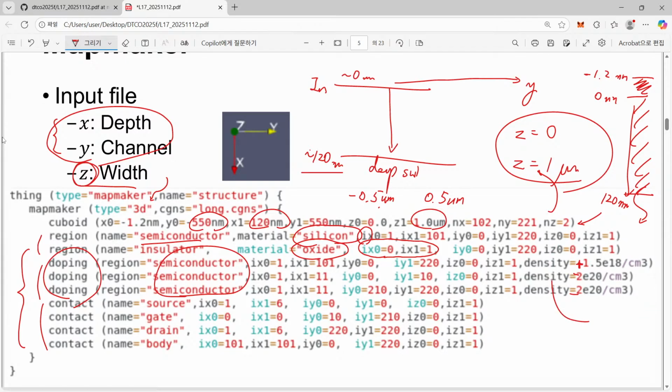Then you will have a different doping polarity suitable for your p MOSFET. And here we have a contact specification, and source, gate, drain, body are assigned, so please just type them.